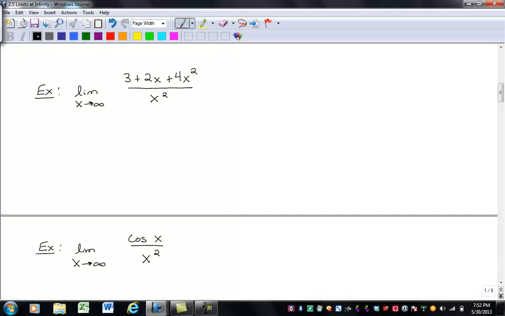This is actually 3 fractions, and you can write this as 3 separate fractions that all have a common denominator: 3 over x squared plus 2x over x squared plus 4x squared over x squared. Notice if I add them all together, the common denominator is x squared, and I would add the numbers on top.